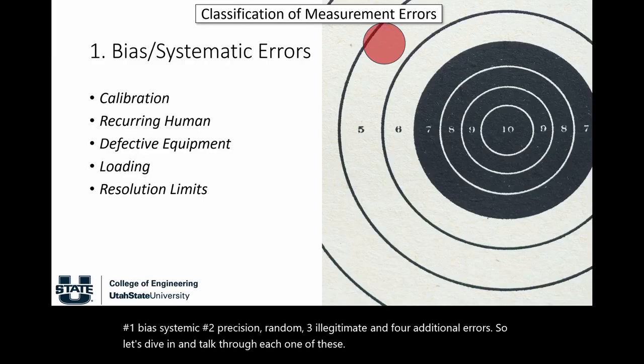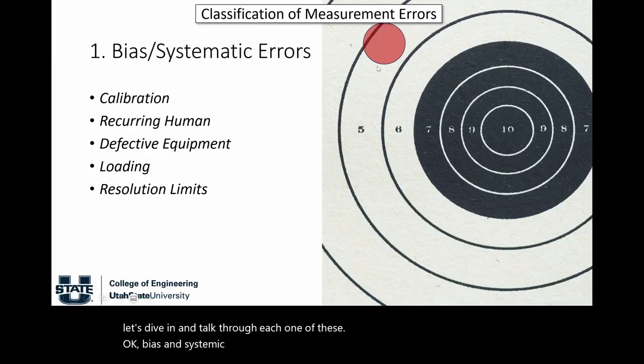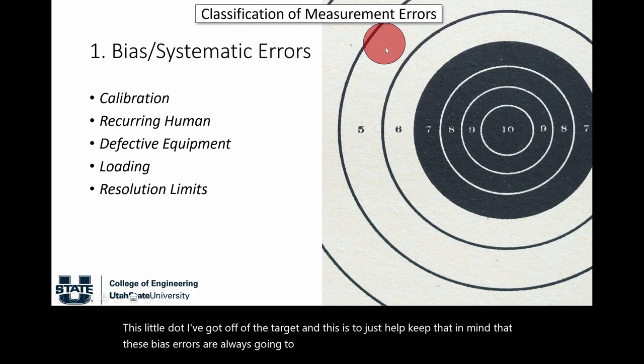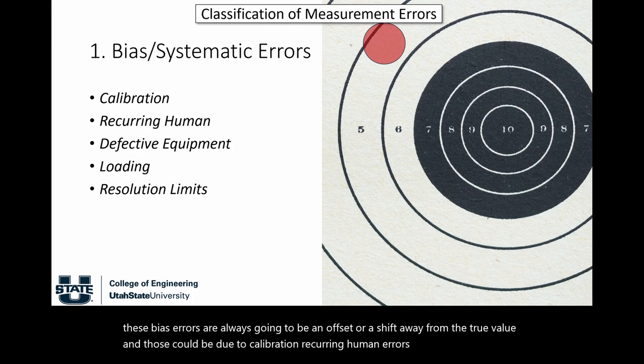Okay, bias and systemic errors. You can see this little dot I've got off of the target, and this is to just help keep in mind that these bias errors are always going to be an offset or a shift away from the true value, and those could be due to calibration, recurring human errors, defective equipment, loading, resolution limits.